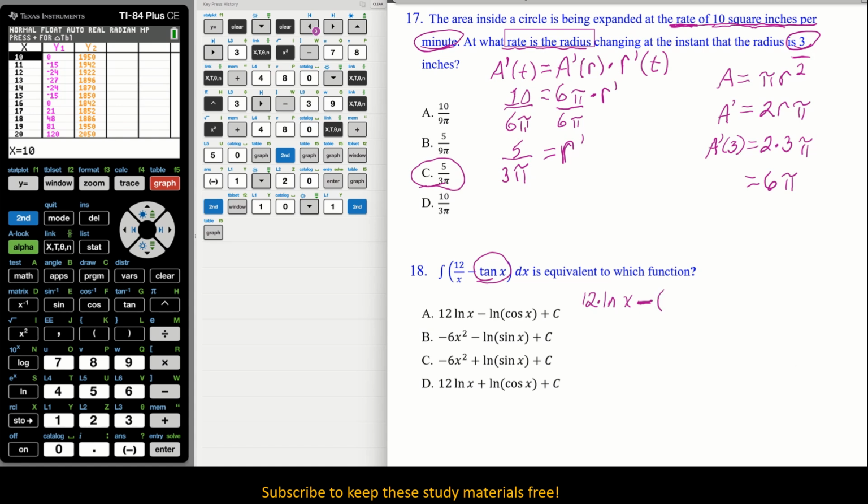So this becomes negative natural log of cosine x. And don't forget your plus c. So then here we should have a plus.